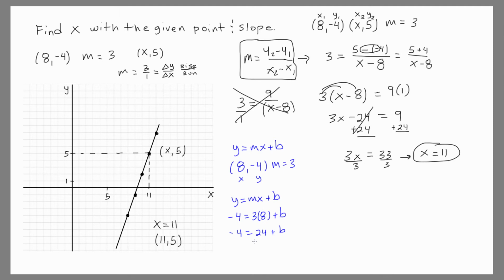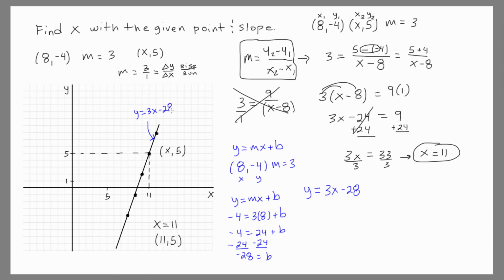And then here we're going to subtract 24, subtract 24. And then we get negative 28 equals b. So our equation is y is equal to 3x minus 28.